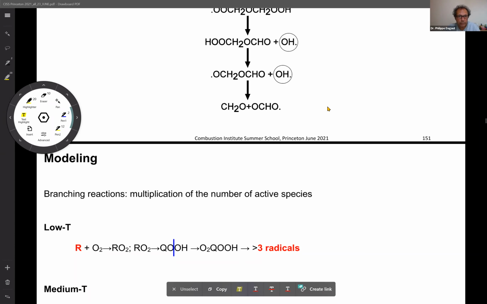This is the case for ethers. This is the case for aldehydes, because the CHO functional group is very easy to abstract. You abstract very easily the H of the CHO group, and then you have oxidation which starts at lower temperature. This is the typical example.